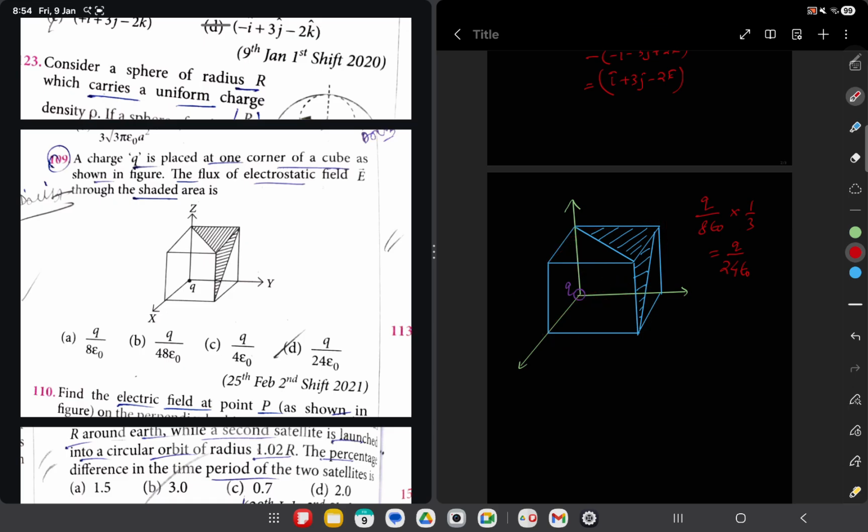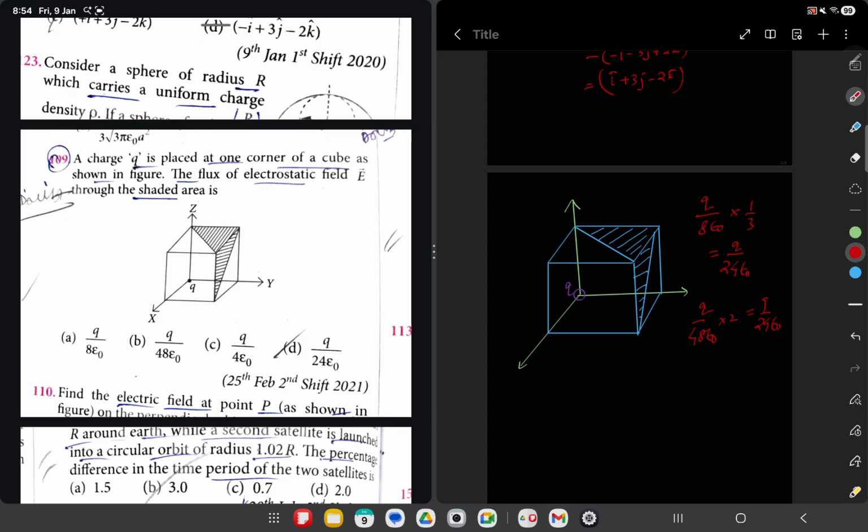Now, if you assume symmetry, then through this one and through this one, the flux would be Q by 48 epsilon naught. So through the shaded portion, the flux would be Q by 48 epsilon naught into 2, that is Q by 24 epsilon naught.